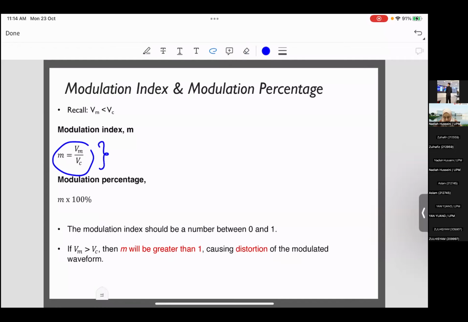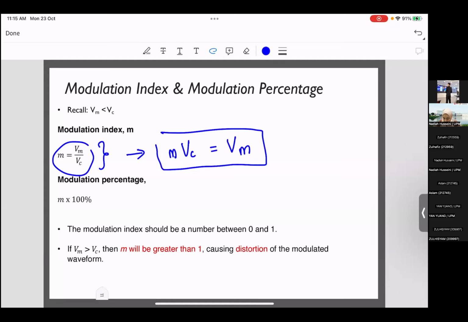Always, you need to remember the order of the Vm and Vc. And then from this equation, you will also get Vc times M is equal to Vm.